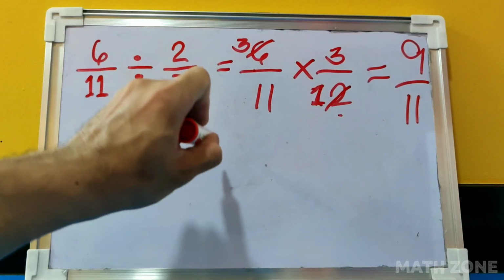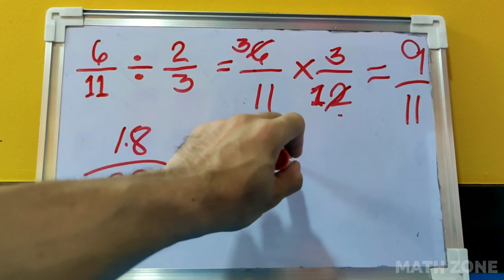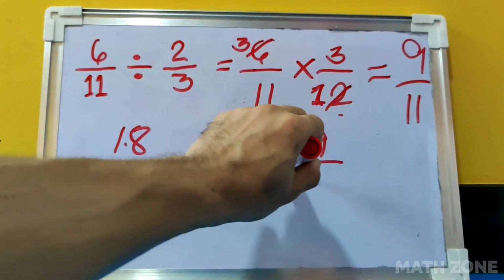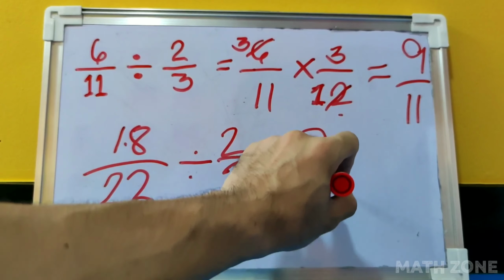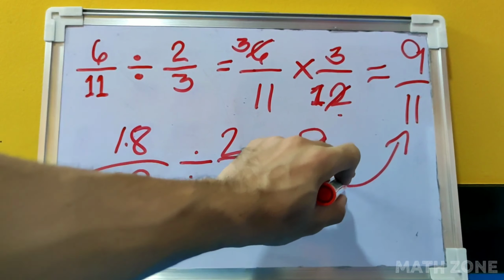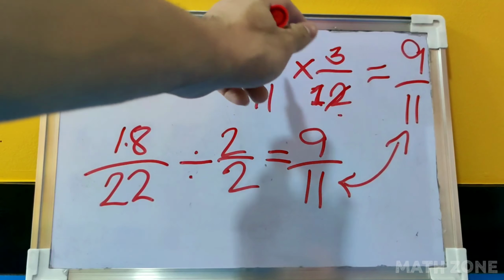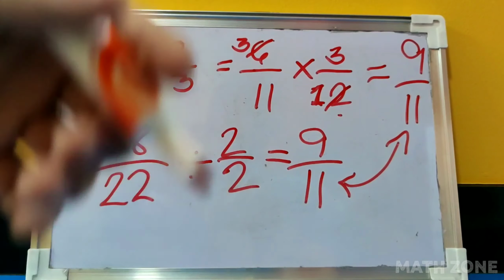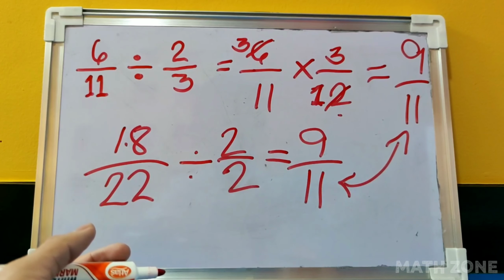So that's 2. 18 divided by 2 is 9, and 22 divided by 2 is 11. So it's just the same answer. But with the help of cancellation, we arrived at the answer in shorter time or with less process.